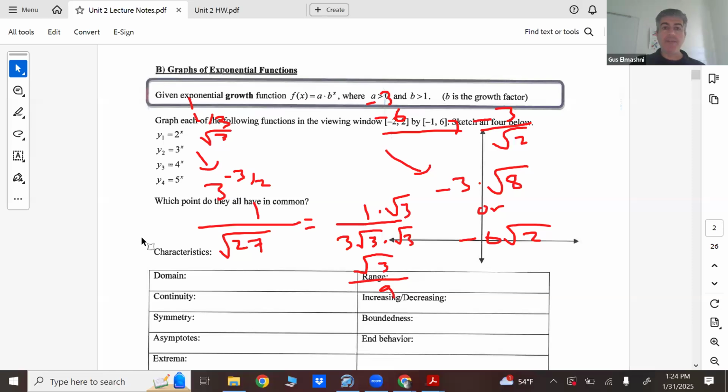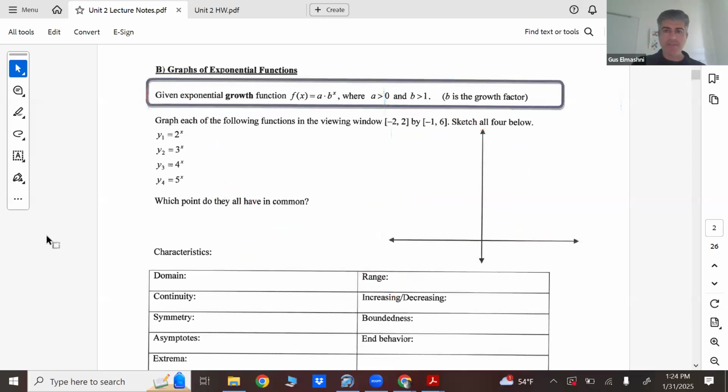Okay, moving right along. Graphs of exponential functions. I know, very exciting stuff. We talked about this. B is a growth factor. Technically, A could be negative. It still could be considered a growth function, just flipped, but that's fine. We'll keep A positive. We don't need a graph in the calculator.